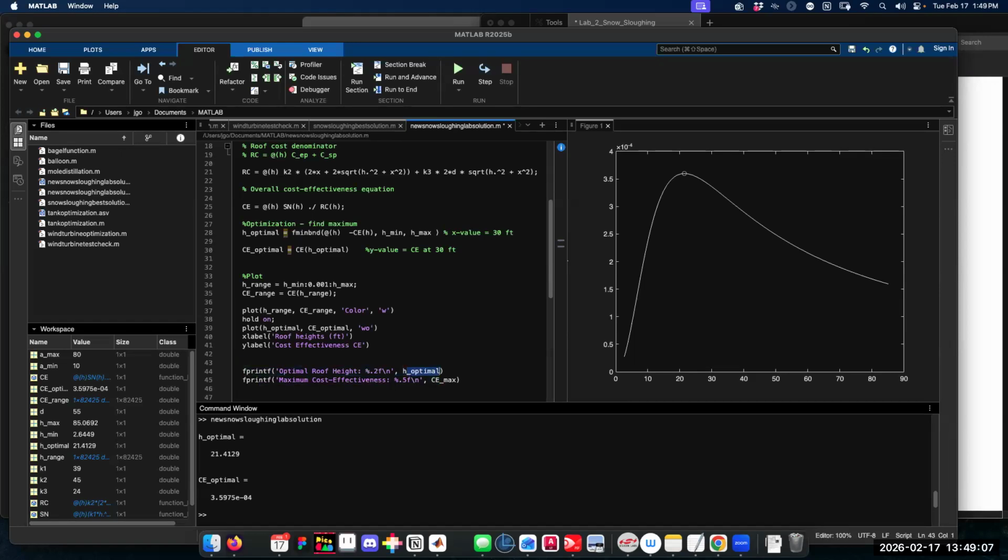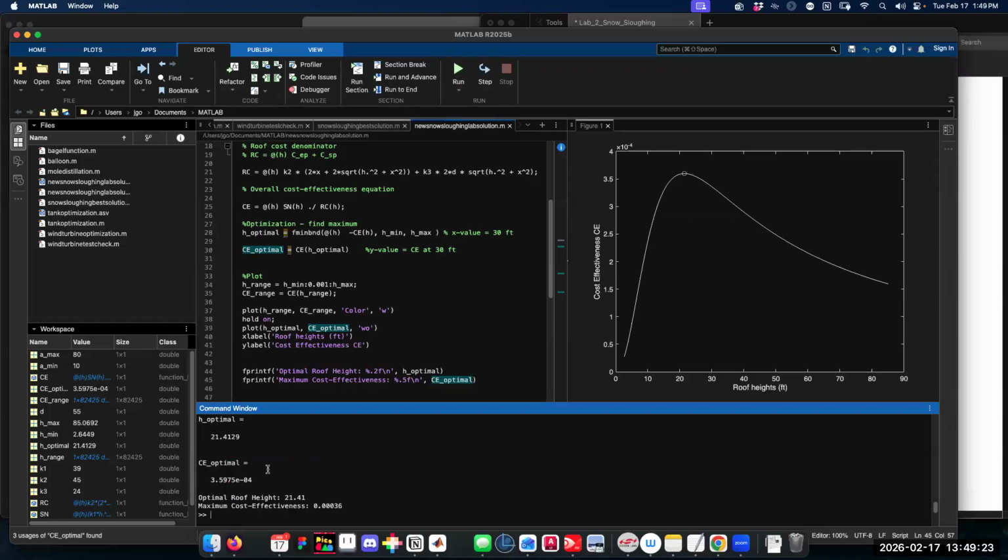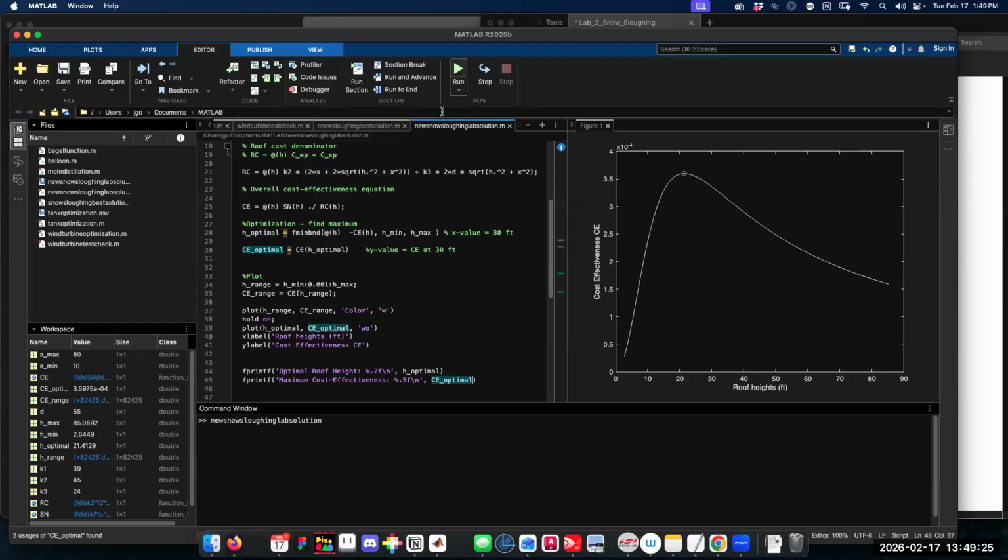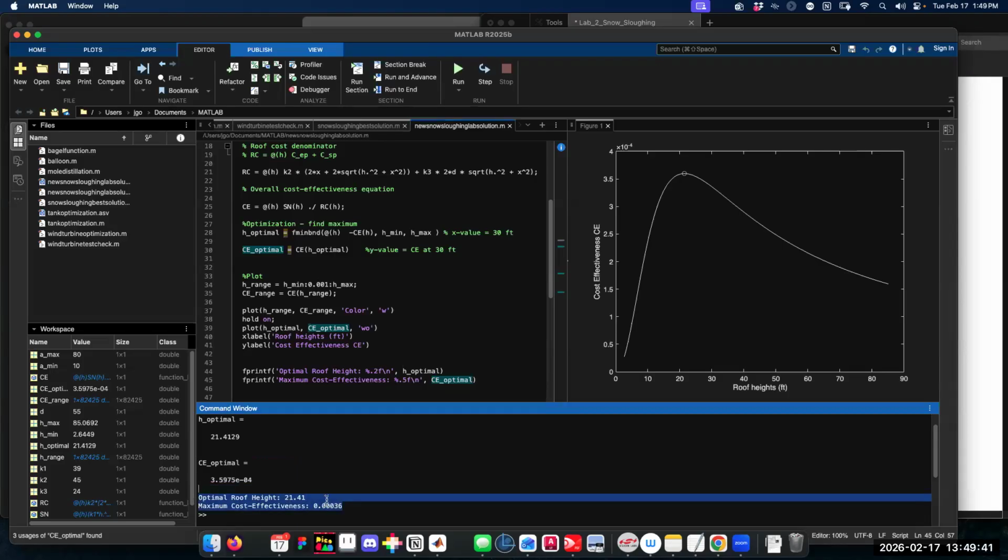And you're putting in H optimal and CE max. So if I press play, there we go. Oh, sorry, I changed my stuff here. Okay, I'm gonna do clear. This should be it. So I have the plot with a dot, and then it says H optimal 21 and C optimal 3.59 to the -4, and then it also prints it here with an fprintf statement.